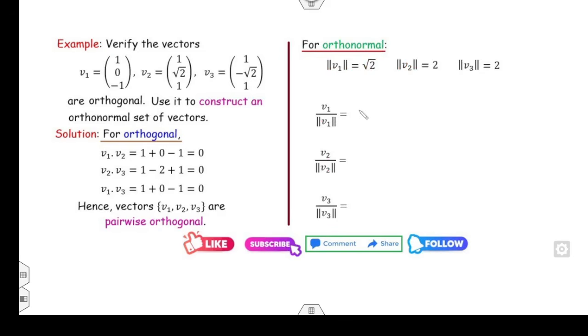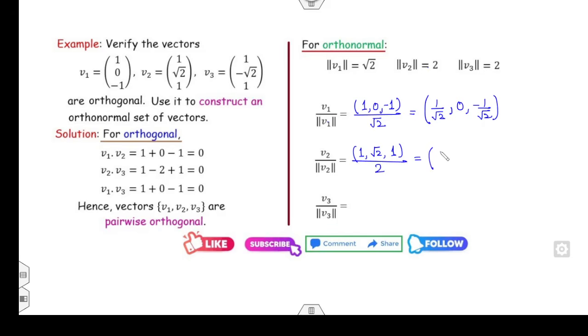I can substitute the values. What is v1? 1, 0, minus 1 divided by the norm, that is root 2. So this is 1 over root 2, 0, minus 1 over root 2. Similarly, v2 is 1, root 2, 1, and the norm is 2.